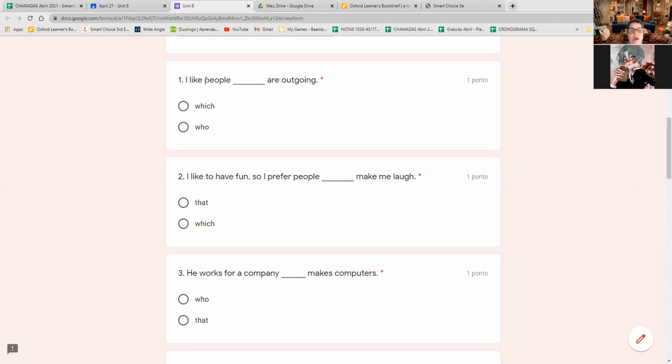So look, we are referring to people, okay? We are talking about people. So when I talk about people, I need to use who. Okay, Annalise? All right. So here the best answer is who. I like people who are outgoing. Try to do number two.